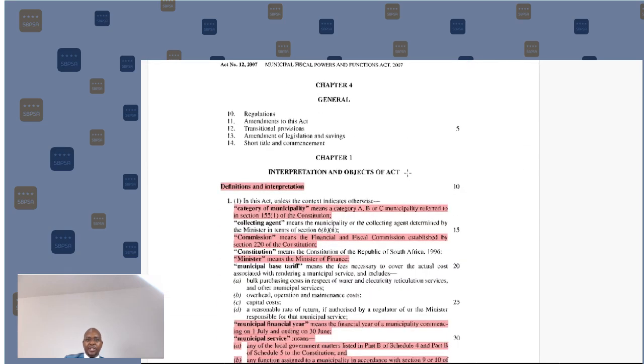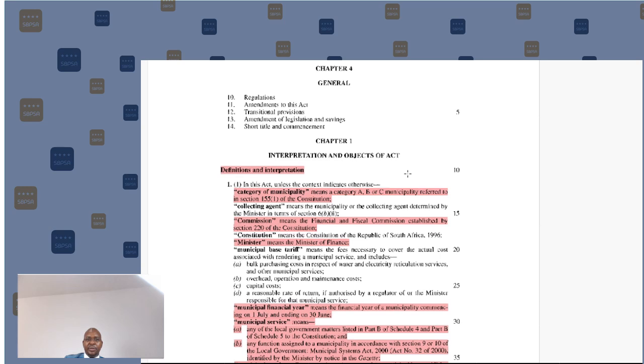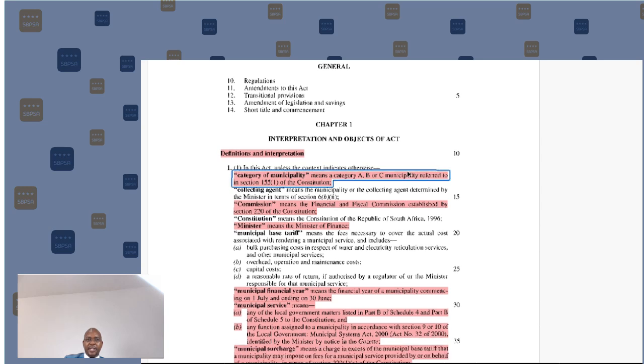Okay, the definitions. We already know, when we dealt with the Constitution, that there are 3 municipality categories. So the first definition tells us that we've got 3 categories: municipality category A, category B, and category C, and these are referred to in Section 155 of the Constitution.